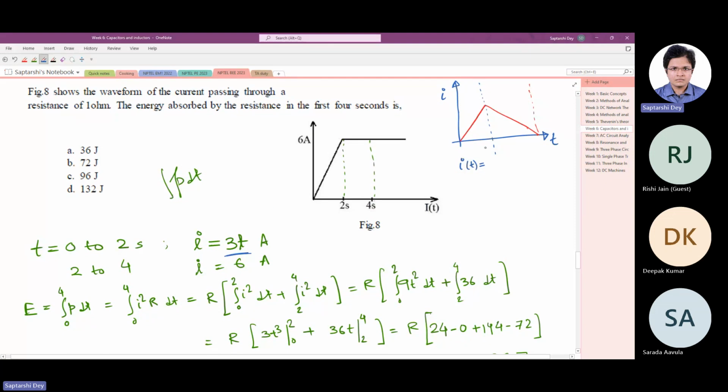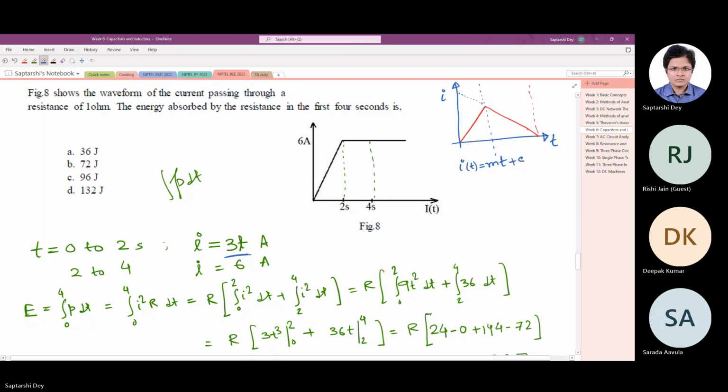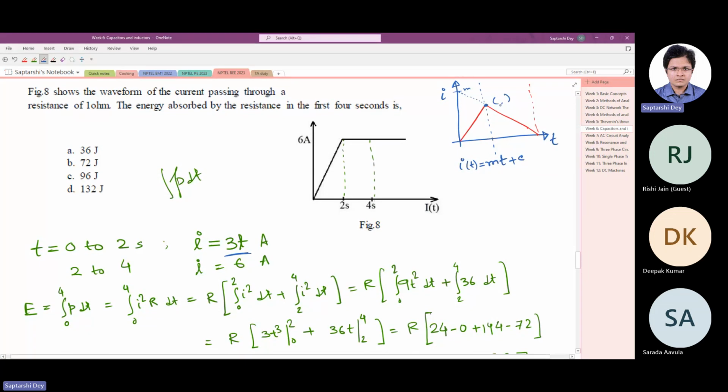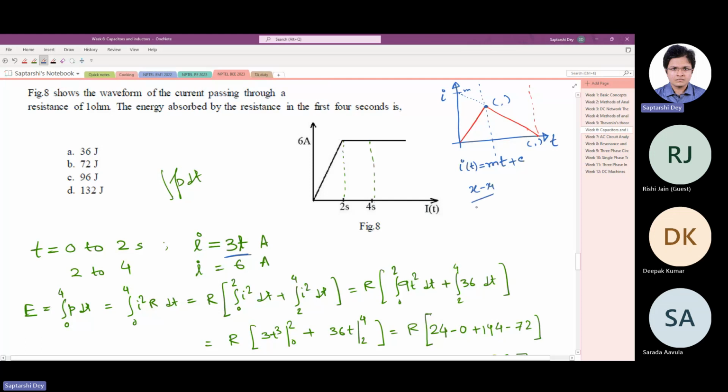But for the second part, you have to write i(t) as mt plus c. Then you have to find the m, or since you know this point and this point, use the two-point line equation to calculate the current.